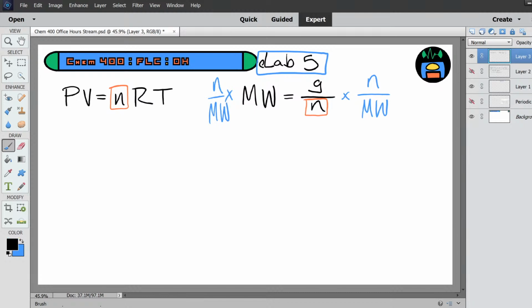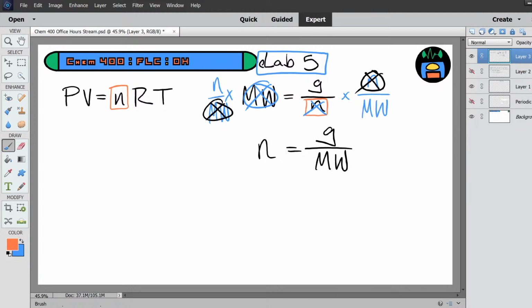You'll notice that molecular weight cancels on the left side of this expression, and moles cancel on the right side of the expression. So we get a new, rearranged expression: the moles of a substance equals the mass divided by its molecular weight.